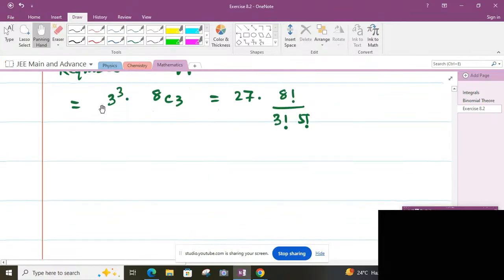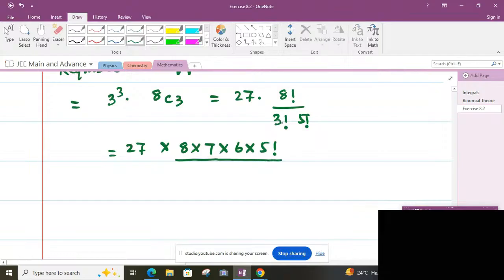So the next step will be 27 into 8 into 7 into 6 into factorial 5, divided by the expansion of factorial 3, which will be 3 into 2 into 1 into factorial 5.